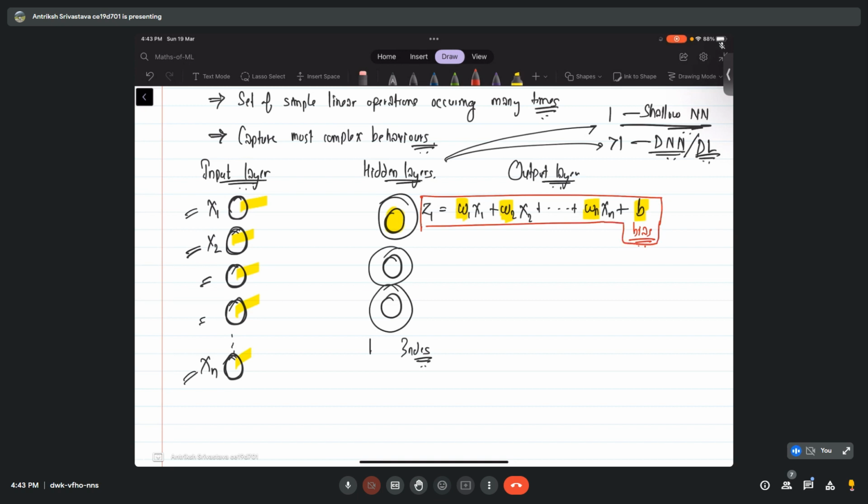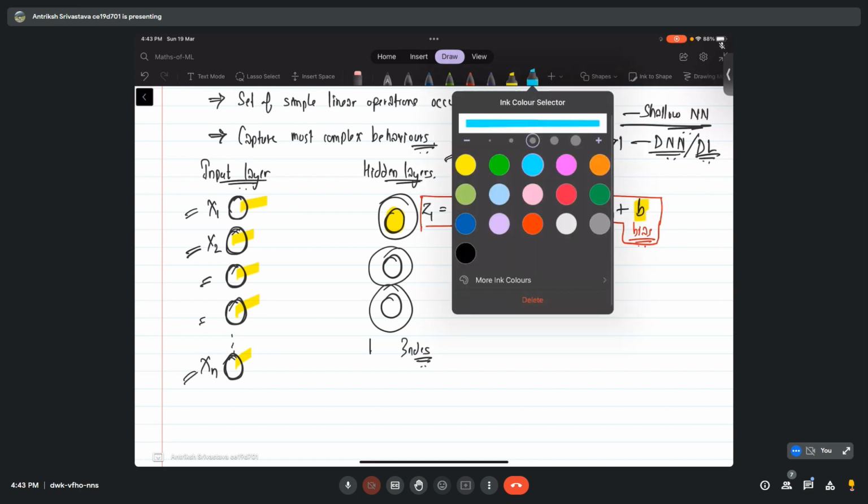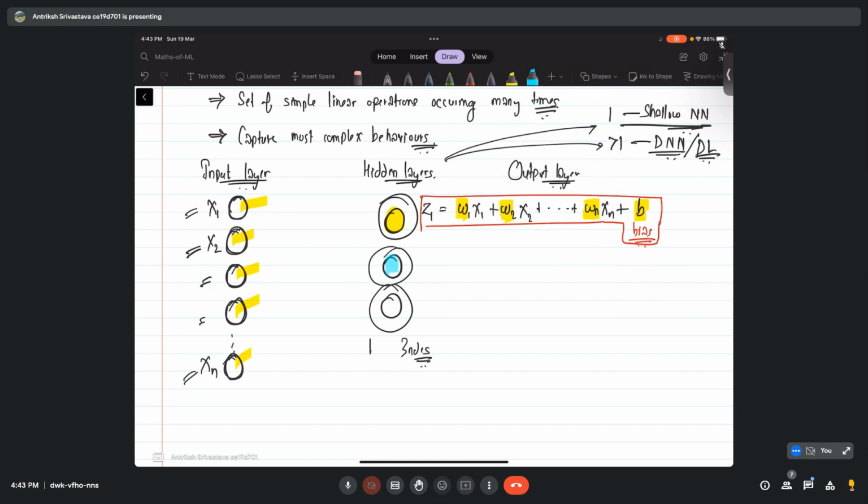Similarly, for the second neuron in the hidden layer, z2 = w'1 x1 + w'2 x2 + ... + w'n xn + b'. This value is going to be given to the second neuron.